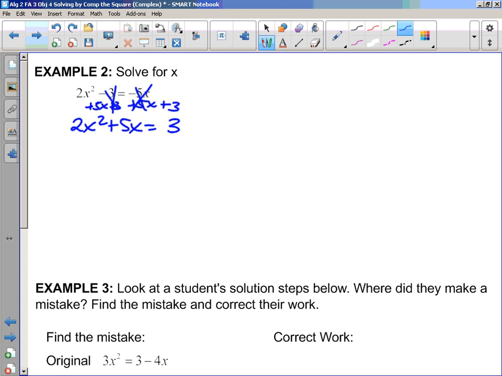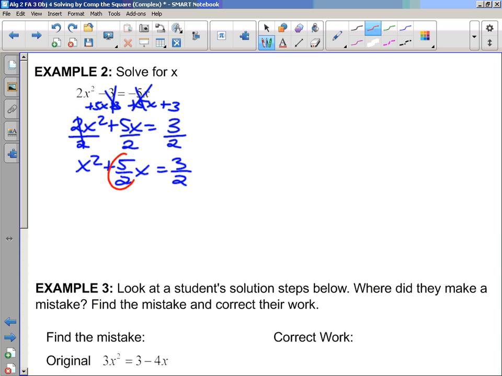Then my next step is going to get rid of this leading coefficient, that's not 1, and divide everything through by 2. And I'll get x squared plus 5 over 2x equals 3 over 2. Now I'm going to do my complete the square process.